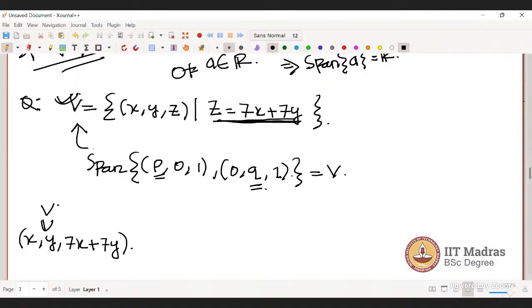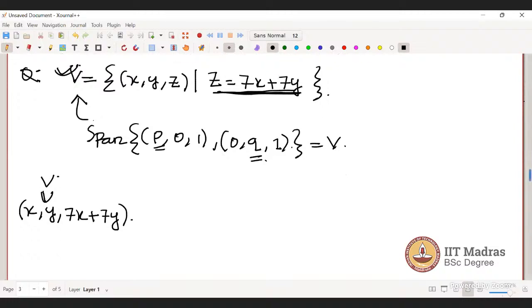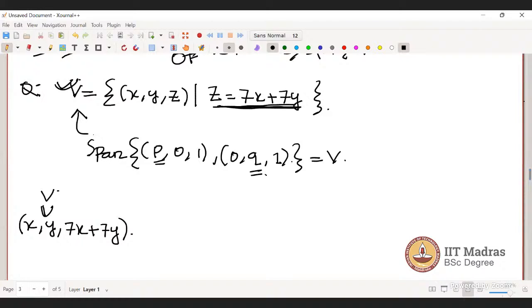So this is the arbitrary element of V. Now I can write (x, y, 7x+7y) as (x, 0, 7x) plus (0, y, 7y), right?